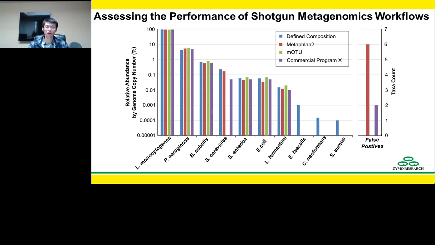They all detect down to the organism Lactobacillus fermentum. But MetaPhlAn 2 and the commercial program X identified some false positives, while the MOTU pipeline did not find any false positives.